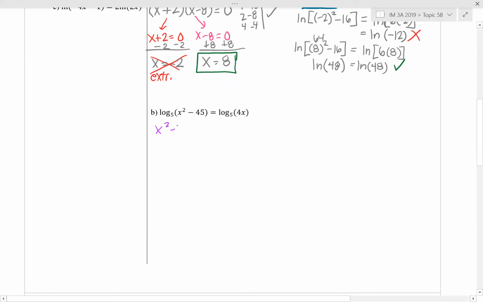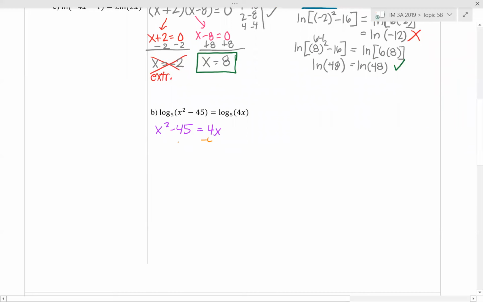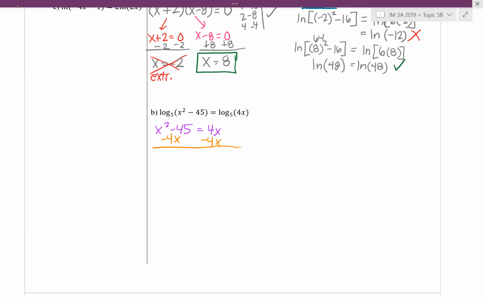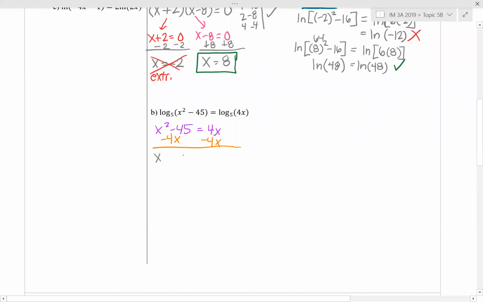So x squared minus 45 must be equal to 4x. Since x squared is positive on the left-hand side, let's subtract 4x from both sides. That gives us x squared minus 4x minus 45 is equal to 0.